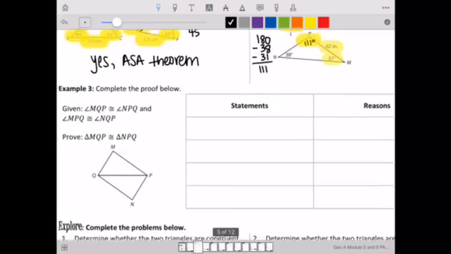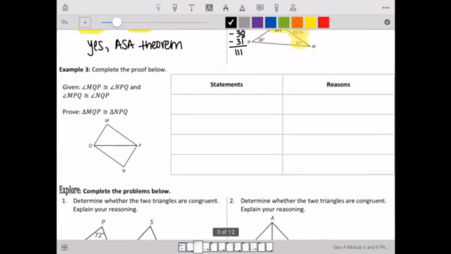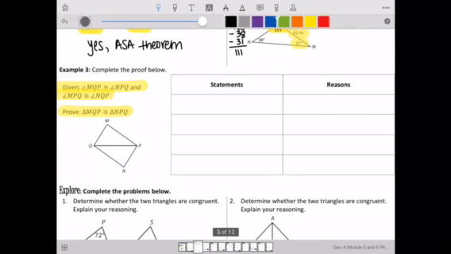For our last example, we have a proof. So we first need to look over to the side at our given information so that we know what we are starting with, figure out what we're trying to prove, and of course use the diagram to help us. So first, let's start by putting our given information into our table.